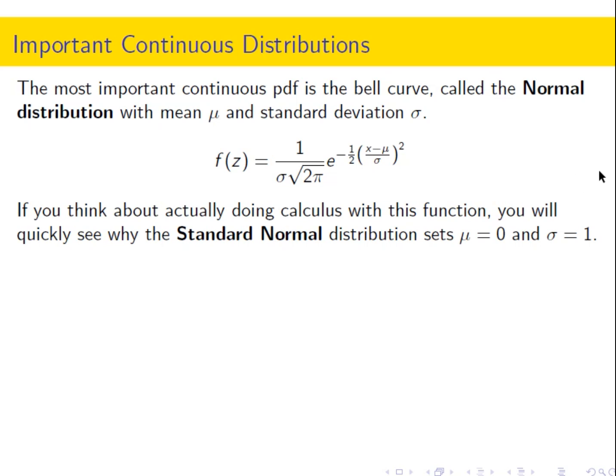One thing you should notice if you remember any calculus at all, if we get to pick any values for mu and sigma to make our lives easier with the mathematical computations, what should they be? What should I pick for mu and sigma? If you give that a few moments of thought, you'll figure out why the standard normal chose these particular values. The standard normal is the particular version of the normal distribution that we use for calculation purposes.